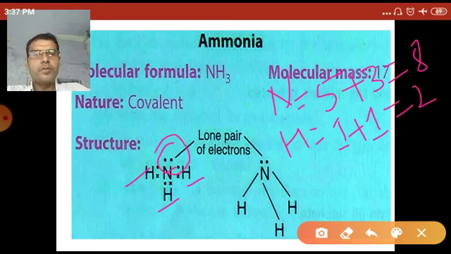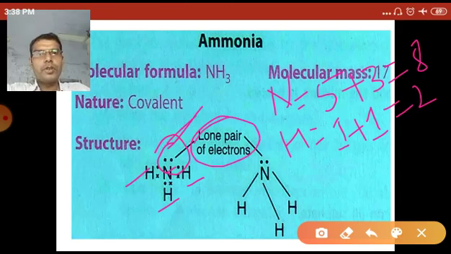Now one pair of electrons remains on the nitrogen which does not participate in any covalent bond formation. That remaining pair of electrons is called the lone pair of electrons. So in ammonia, nitrogen has one lone pair of electrons.